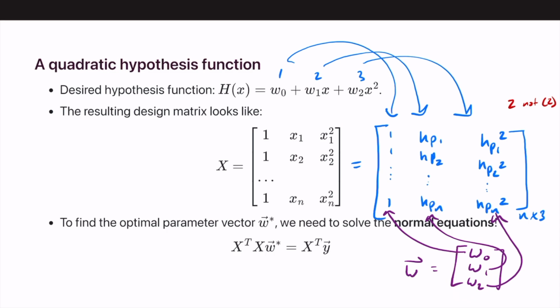So as long as we can construct such a design matrix, it doesn't really matter if our feature has an exponent in it, as long as it follows the pattern of linear combinations being added in our hypothesis function, then we can use the normal equations to solve this. That's the key thing here.